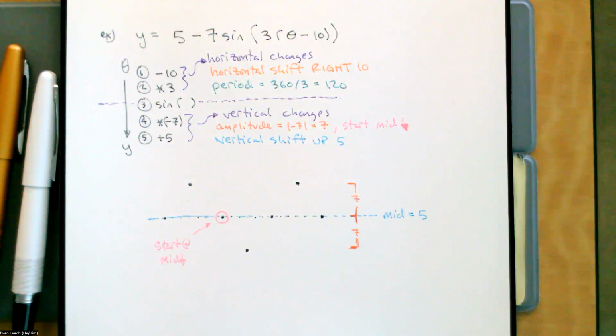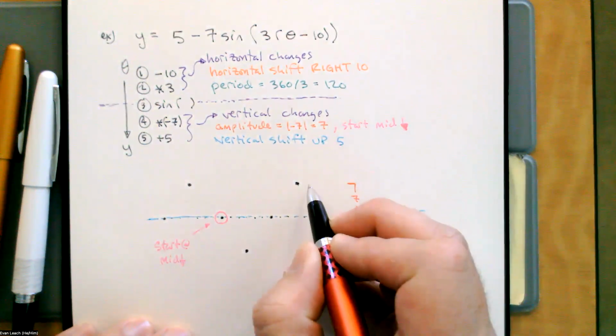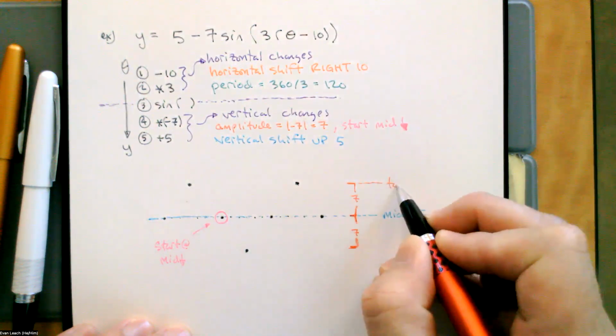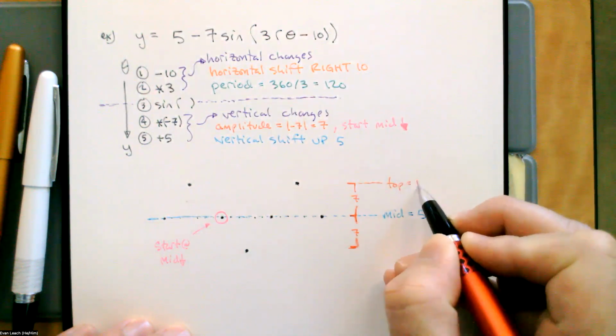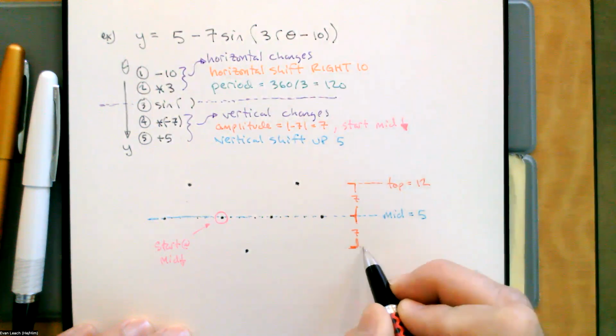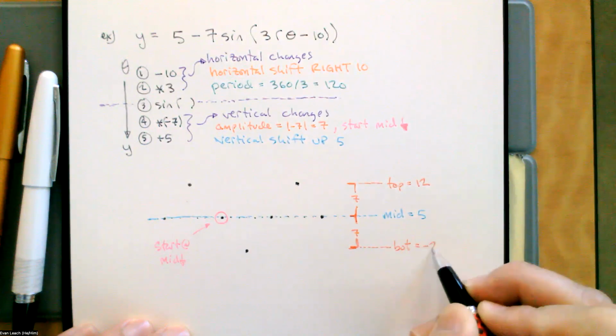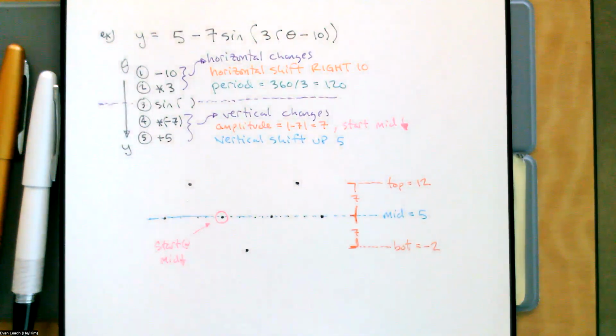So we're just going to put the middle at 5. 5 up from the middle means the top is going to be at 5 plus 7, or 12. And the bottom will be at 5 minus 7, negative 2.